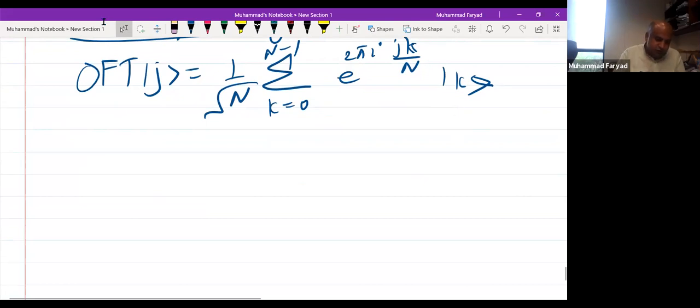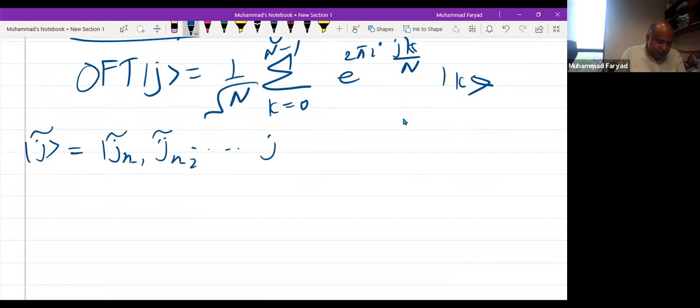Okay, so I can write a transformed circuit as this, J tilde, and just to show what our qubit labeling is, it's this.